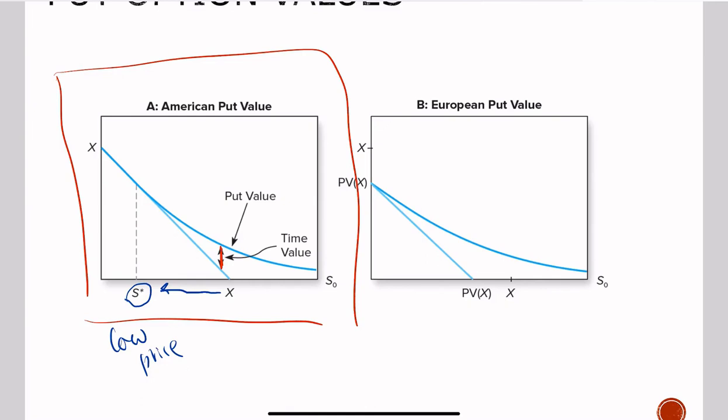There is no time value left, right? So this basically implies you will want to exercise in this region. You will want early exercise because there is no time value. If there is no time value, there's no benefit for you to wait. So you will just immediately exercise your put.